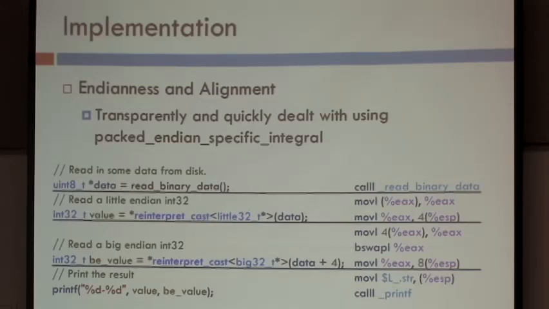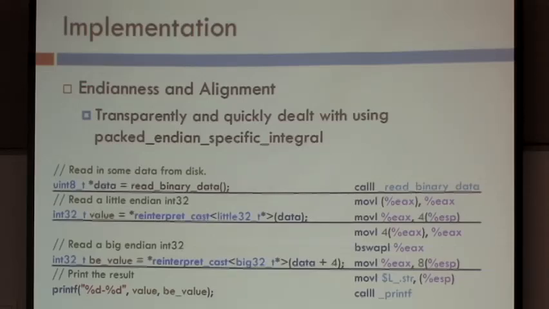So here's just a quick example of the packed endian specific integral, which has typedefs for all the integers from 8 to 64-bit, big, little, unaligned, and aligned. So say you're reading in some binary data, and then on any system with any alignment and endianness characteristics, all you have to do is cast to, for example, the type the data is represented as on disk, a little endian 32-bit integer.